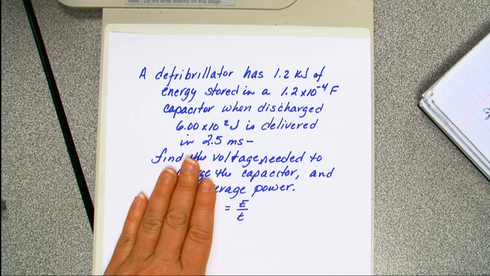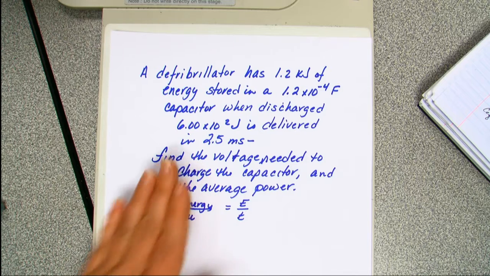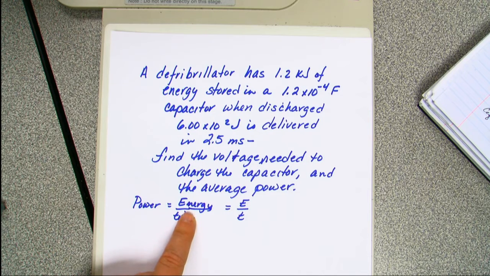If I just wrote that down on a piece of paper right now, you'd think it means electric field. So if it really helps, go ahead and write out energy divided by time. So not to confuse yourself.